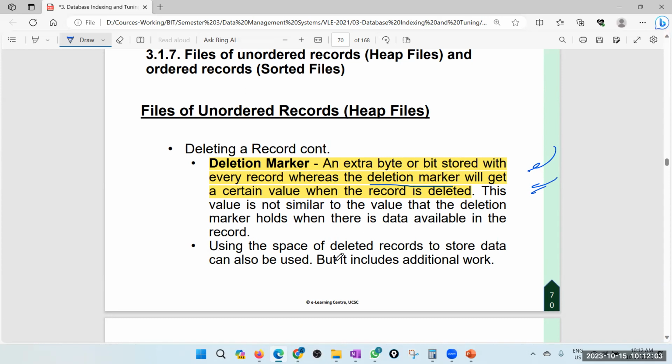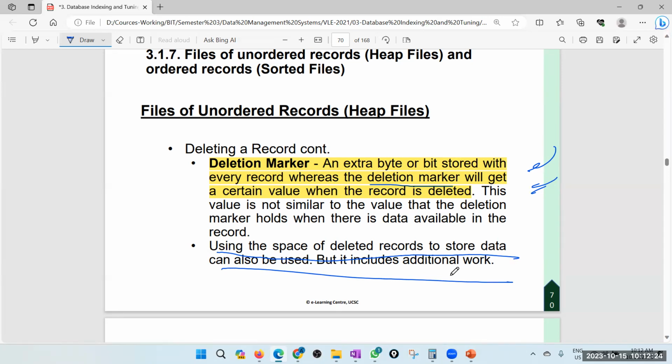You can see that using the space of a deleted record to store data can also be done, but it includes additional work. So usually you have two options: when a new record is inserted, you go and see whether there are marked areas and insert it there, or you just always insert it at the end.